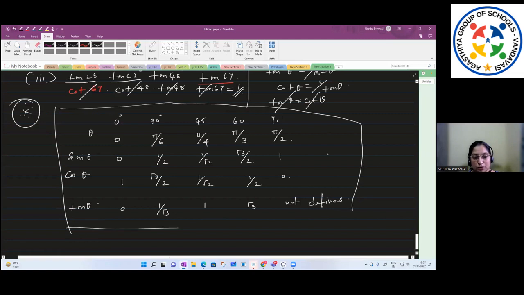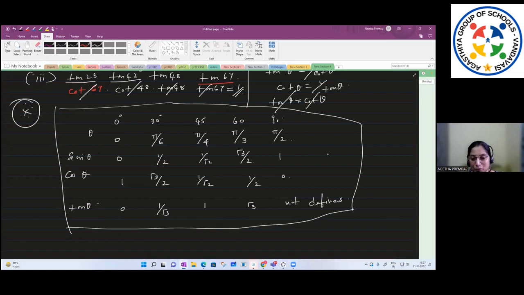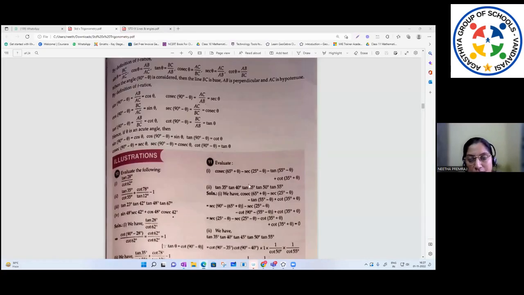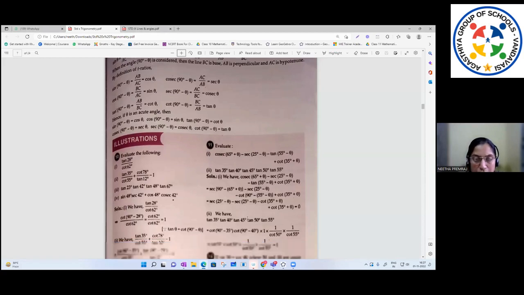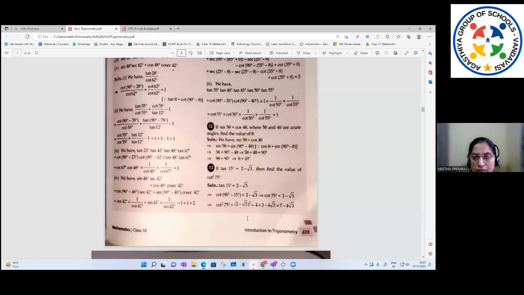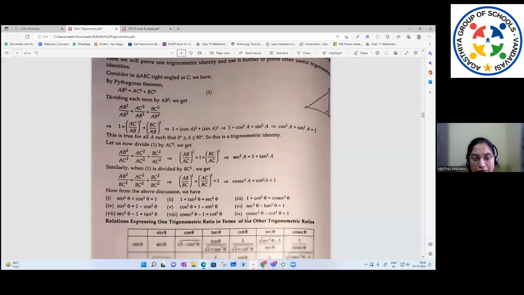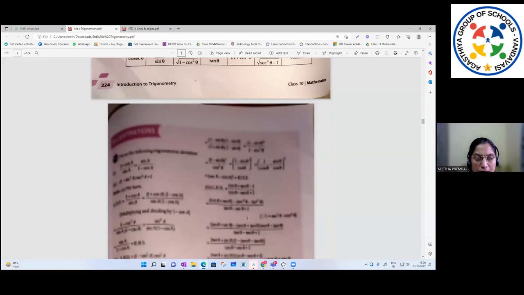Based on these concepts, we do some proving sums. Let's see, is there any proving sums? These are complementary angle concept. We will see some proving sums.